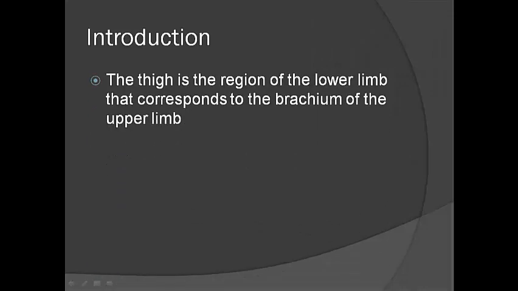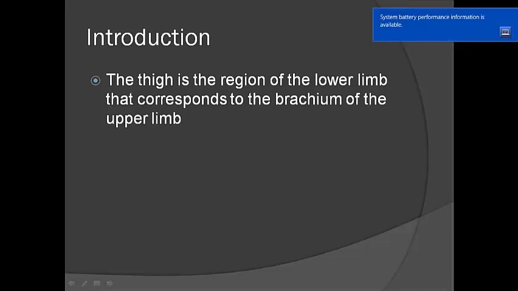So, one of the things to keep in mind when you're studying the lower limb is that most of the things that you learned when you're taking the upper limb are essentially going to apply to the lower limb as well. So you're going to have similar divisions in the sense that you're going to have a joint that's connecting it to the axial skeleton.